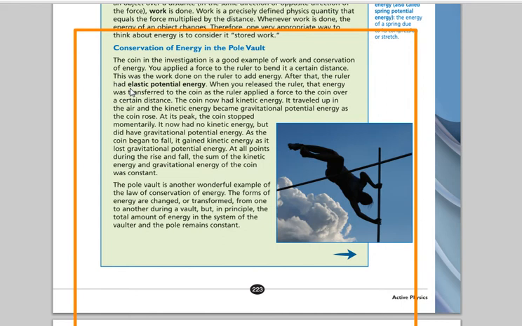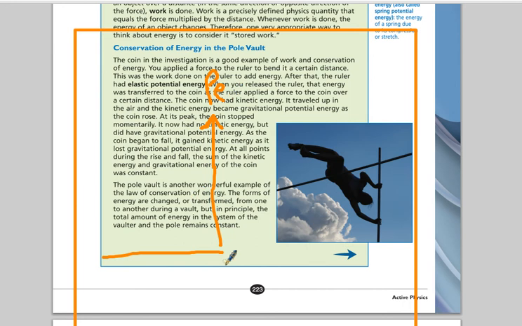Now, when we let go of the ruler, all of that stored energy, elastic potential energy, is in essence released and turned into kinetic energy. We have the ruler, we push it down, and then it flings that quarter upward, and that quarter begins to gain potential energy again.